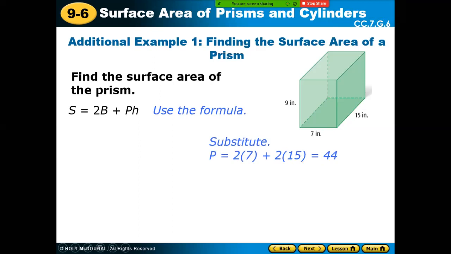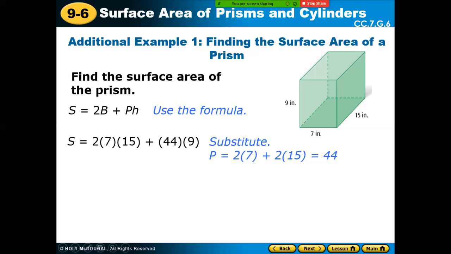Now we can substitute in our formula step by step: 2B plus Ph. As I told you, the base takes the shape of a parallelogram. So how can I find the area of that parallelogram? By multiplying the two dimensions together, 7 and 15.